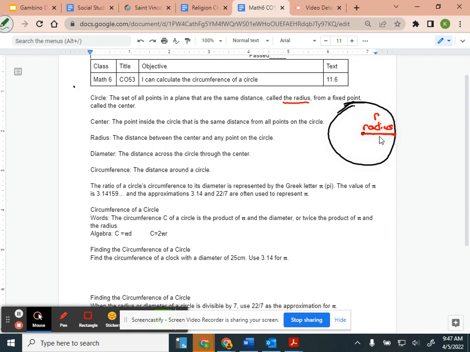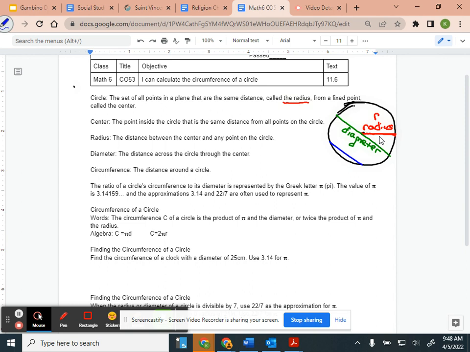Our diameter is the distance across the circle through the center. So our diameter goes all the way from end to end, but it has to cross through the center. So this is our diameter. Now it must cross through the center. If it doesn't cross through the center, if we were just to draw like that end to that end, that's not a diameter.